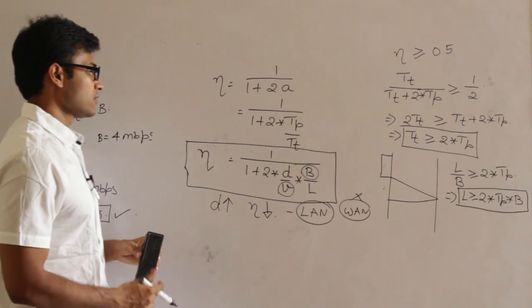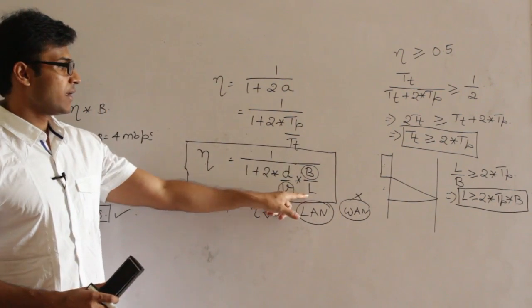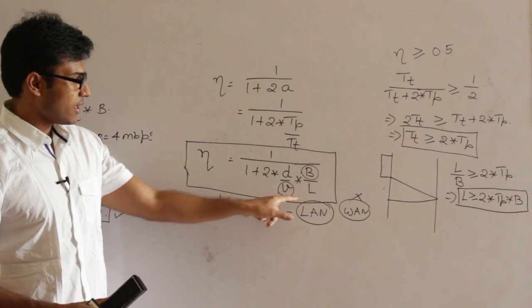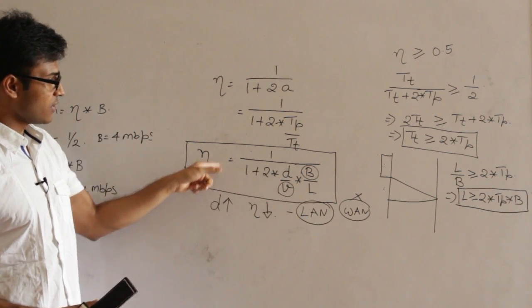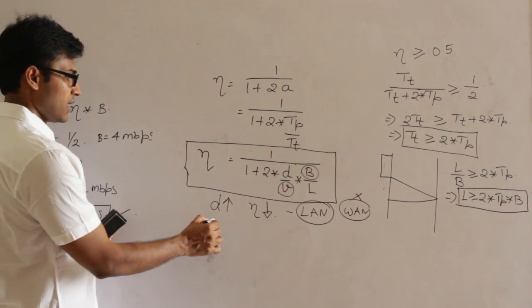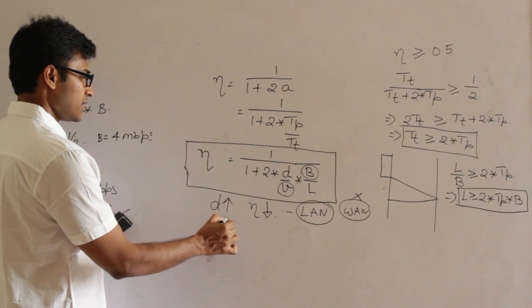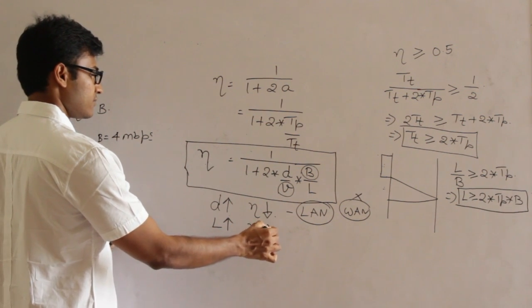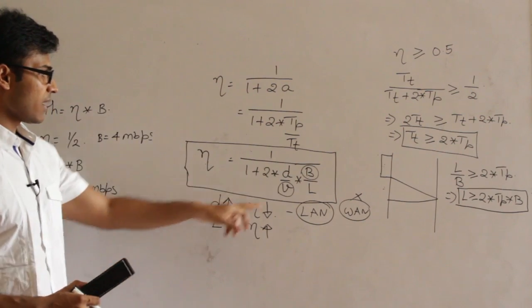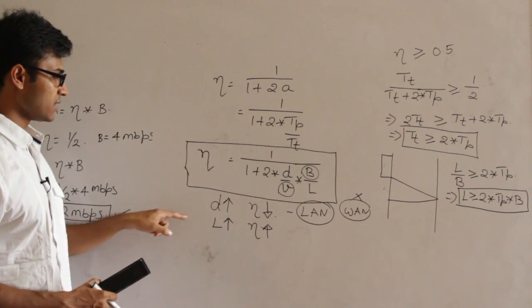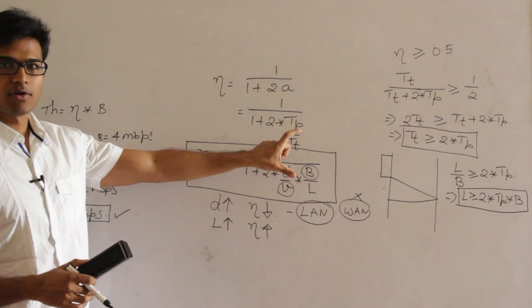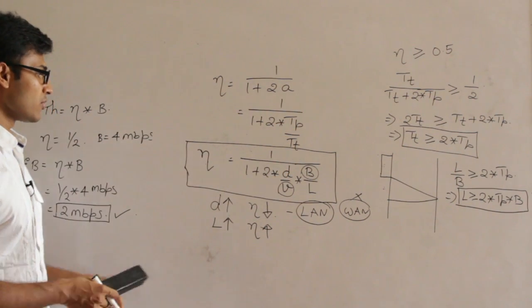Okay, and next one is, look at the efficiency and length. If I increase the size of the packet L, then the entire denominator decreases, therefore efficiency increases. The reason is, if I send bigger packets, the transmission time will be more, therefore efficiency is going to be more.